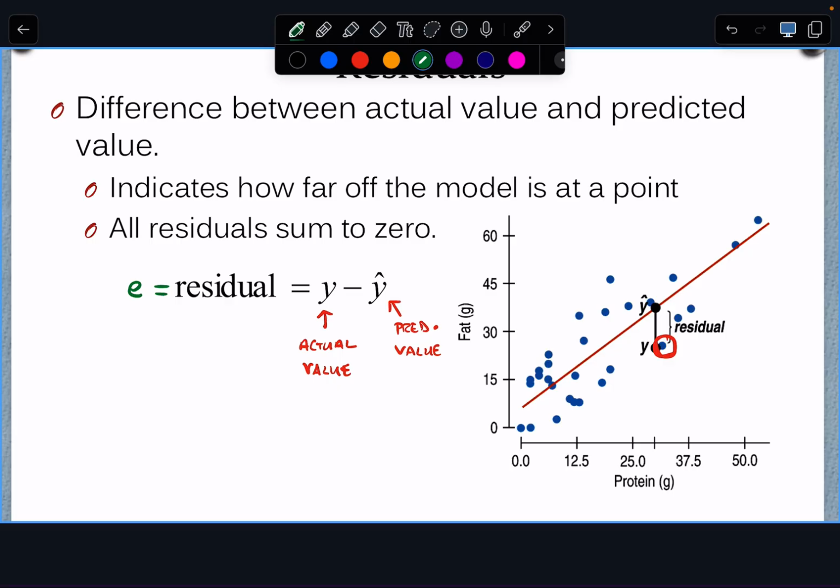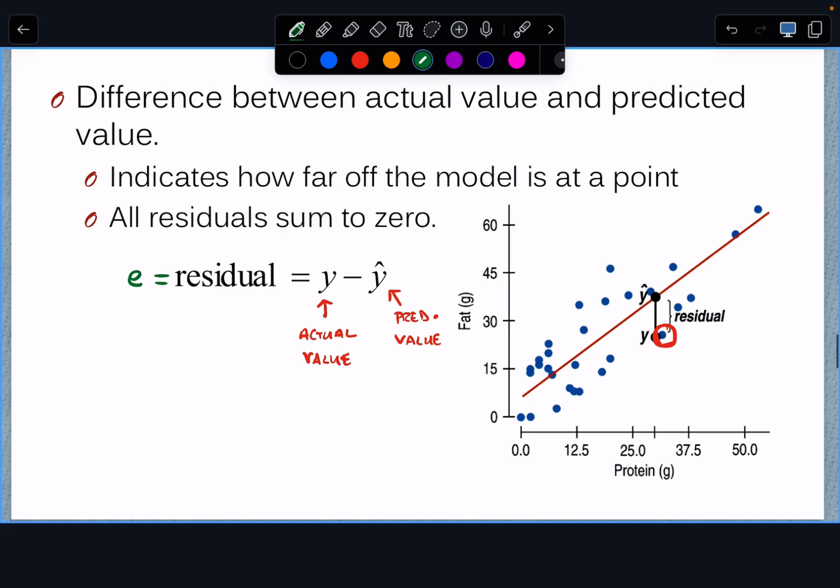When we talk about residual standard deviation tomorrow, they use that lowercase e to represent that residual. But that's what we're talking about with residuals. It's for that particular value that we collected, how close was the line to getting that correct value of y. Okay.